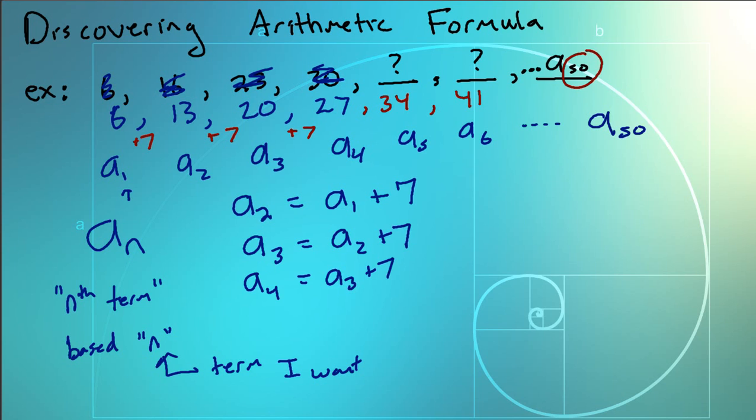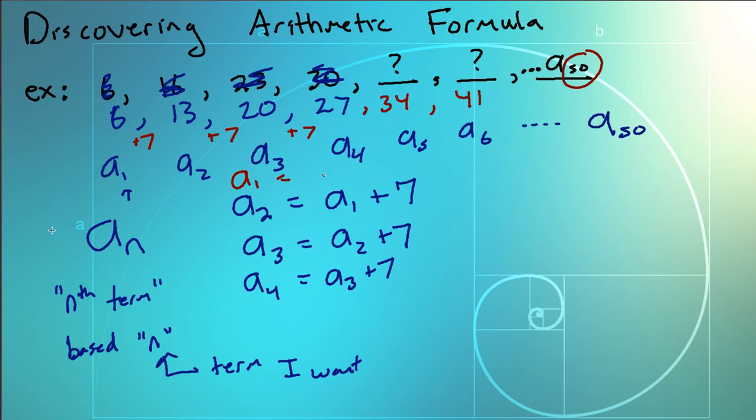Notice if I were to add A1 at the beginning, well, that's kind of where I start, right? So I'm starting at A1. All right. So I'm starting at A1.